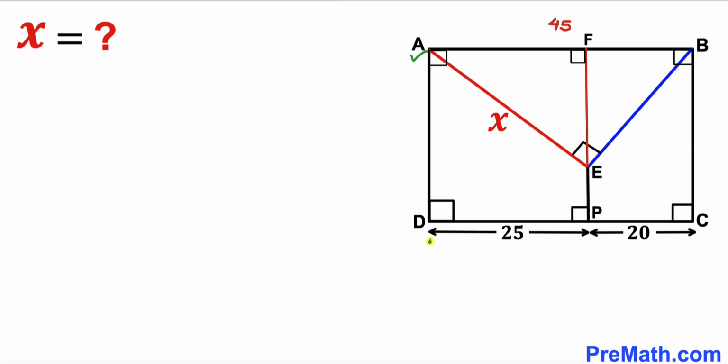So if this segment is 25 units, then this segment AF is 25 units as well. Likewise, if this segment is 20 units, then this FB length is 20 units as well. And once again, this whole combined length AB is 45 units.